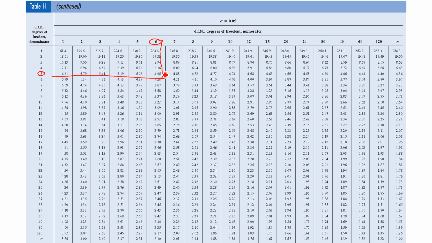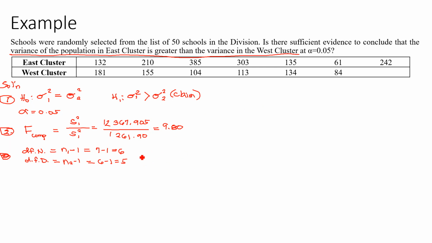So this would be the computed F value. So the tabular F value is equal to 4.95. So if we are going to draw that one in the graph, since it is positively skewed, so something like this.